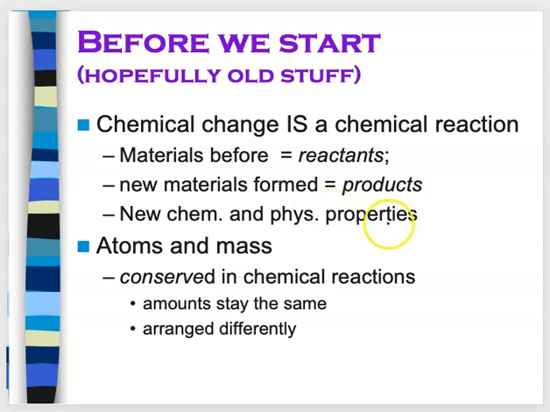Atoms and mass are conserved in a chemical reaction, so the amount of mass you have in total in all of the reactants will be the same as the mass you have in total in all of the products, and all of the atoms stay the same. They are just rearranged differently.